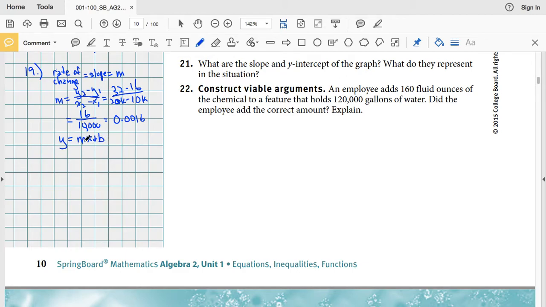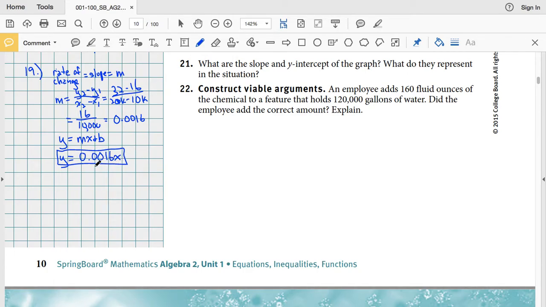So b essentially is getting eliminated here. All we have is a linear equation just with a rate of change. So in this case, y is equal to our slope, which is 0.0016 times x. And there you go. That is the equation of our line, or our linear equation.